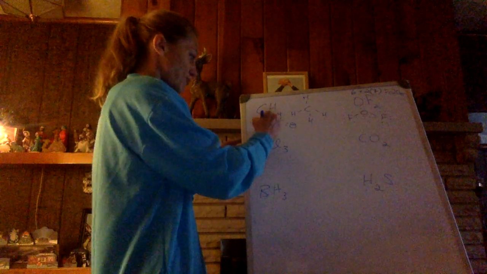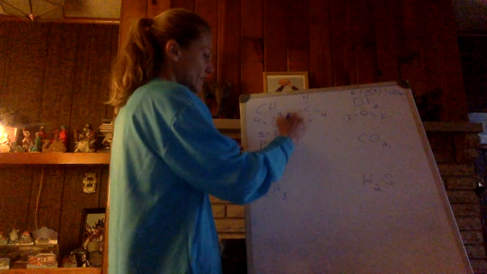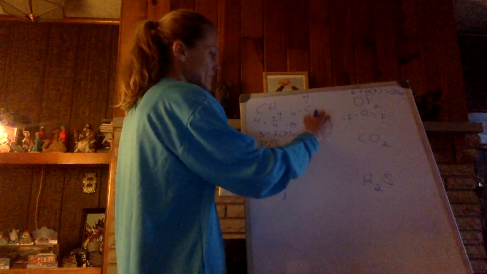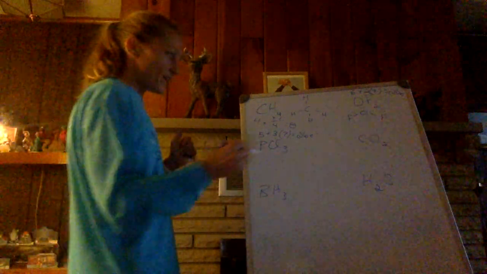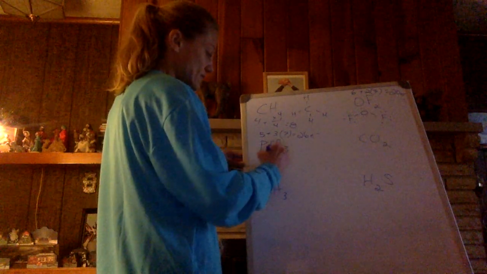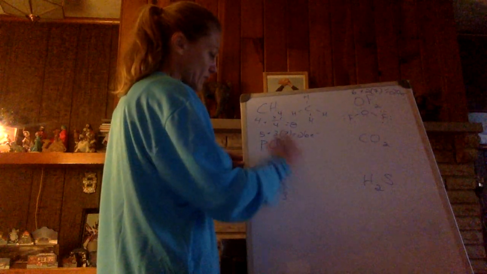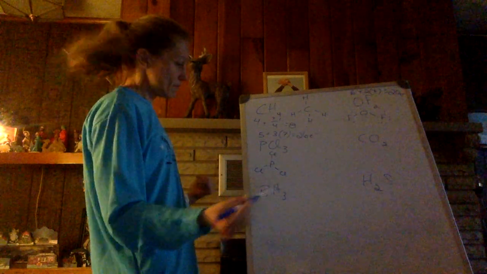PCl3, 5 from phosphorus, plus 3 from 3 chlorines, 7 each, for 26 electrons. 26 gives me, and I'm probably going to redraw this one, phosphorus with 3 chlorines. I used 6 electrons there, leaving me 20.